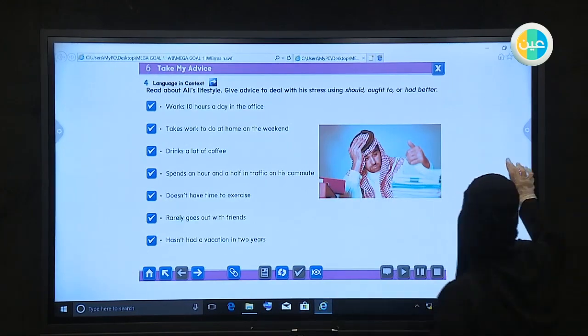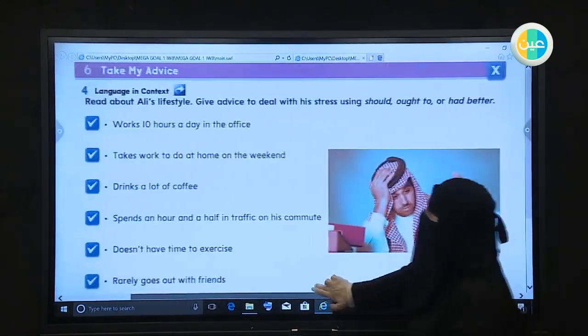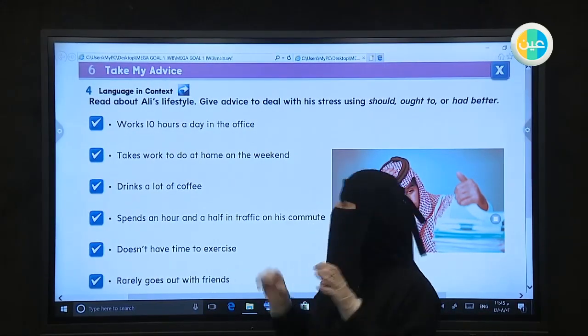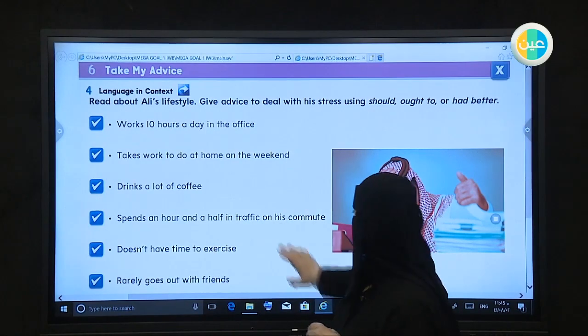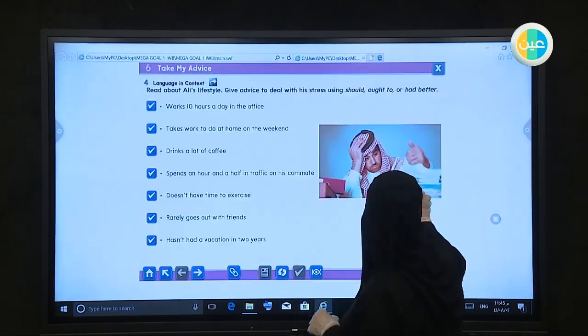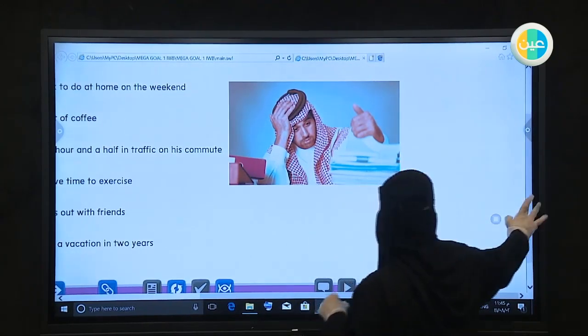This is section B. Take my advice. This is the title of Unit 6: Language in context.